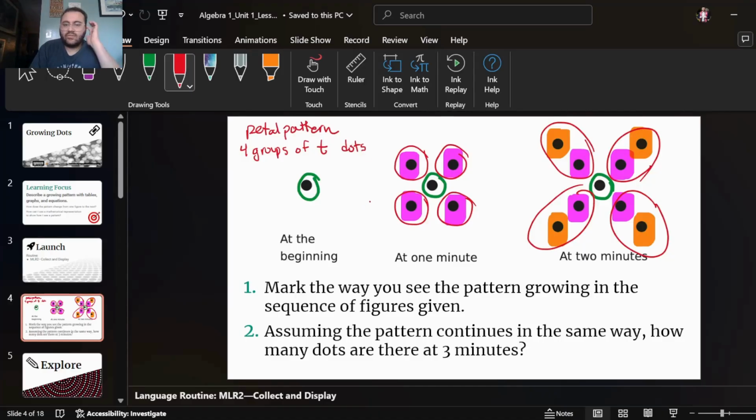There's a relationship between the number of dots in each group and the time. At 1 minute, there's 1 dot in each of the 4 groups. At 2 minutes, there's 2 dots in each of the groups, and so on and so forth.